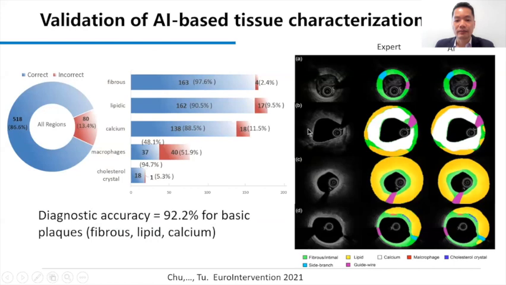This plaque characterization algorithm was validated, also published last year in Euro Intervention, and showed that for basic plaque composition, including fibrous, lipid, and calcium, the diagnostic accuracy is 92.2%. So this is the AI result. This is the expert result. So it seems very close.